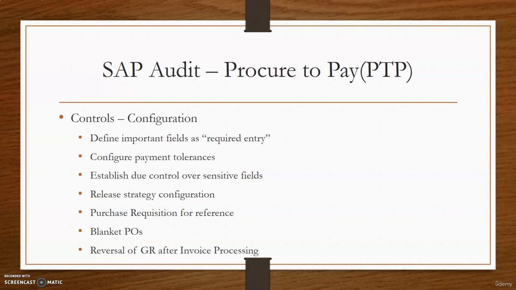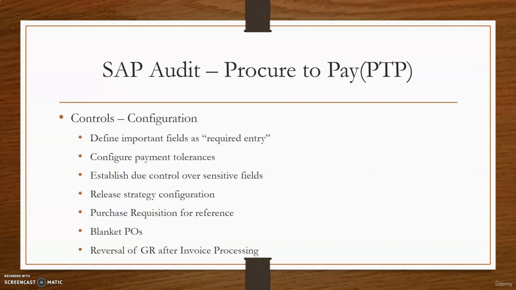Next we need to look at dual control over sensitive fields. Certain data fields can be particularly sensitive, either because entry error can cause significant harm or because they are particularly susceptible to fraud. Vendor bank accounts, alternative payee or payment terms, for example, could be manipulated for fraudulent purposes.